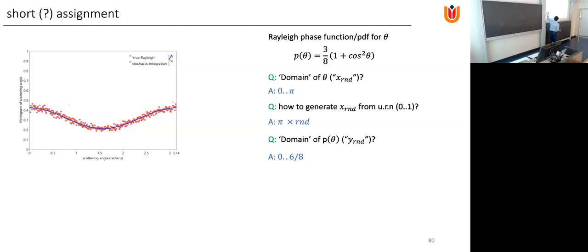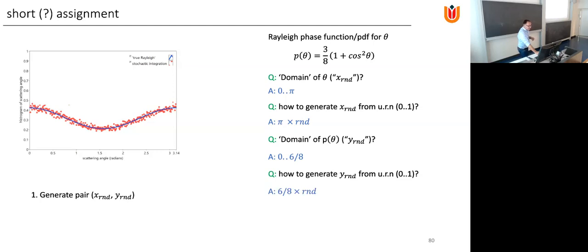These will translate into random points between 0 and pi on the x-axis and between 0 and 6/8 on the y-axis. And I'm going to check for each of these points, does it fall below the curve or does it fall above it? If it falls below, I accept the value. If it falls above, I don't.